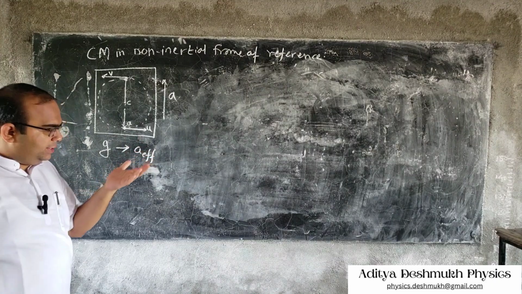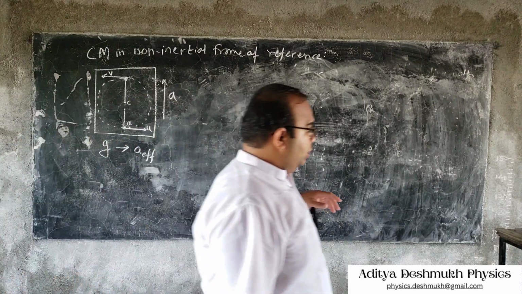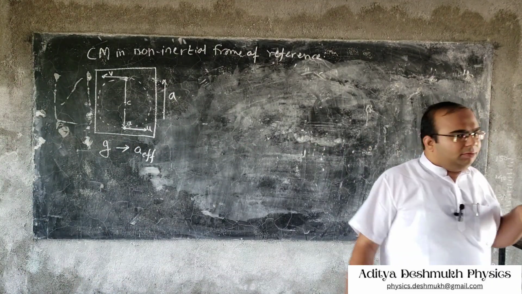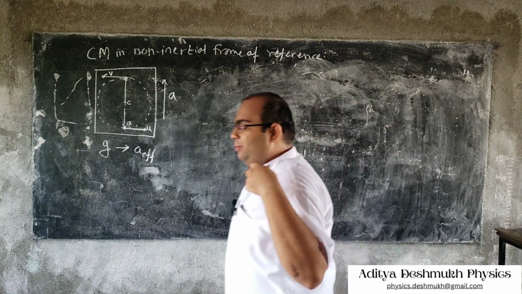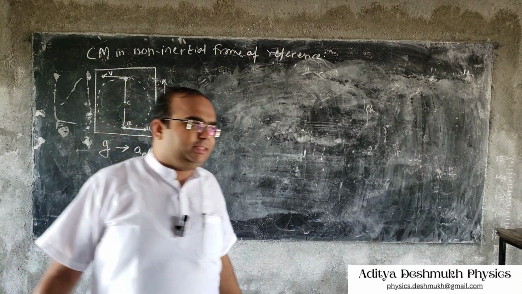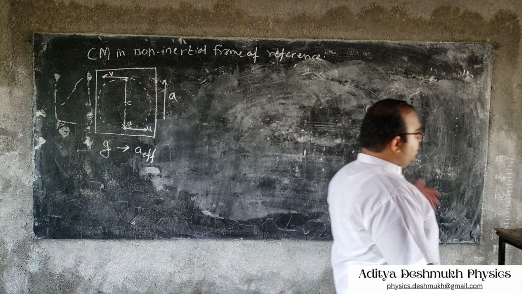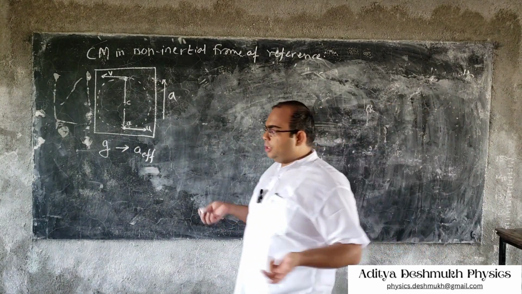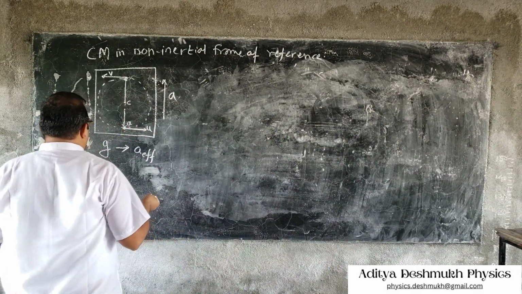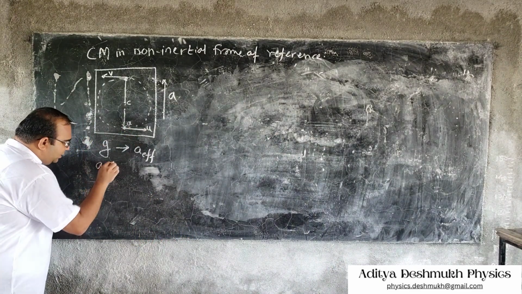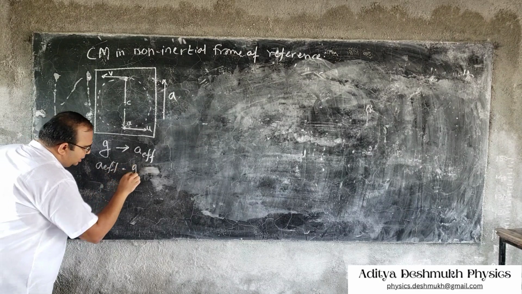The force balance, or when we just nonchalantly apply force equals mass into acceleration in case of tangential or centripetal force, we are using Newton's laws. So my effective acceleration will be g plus a.